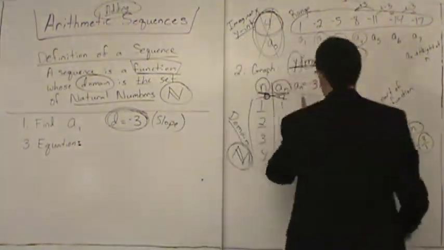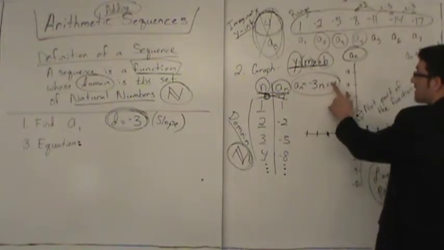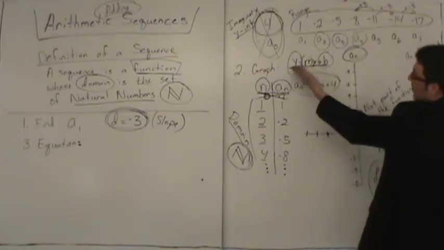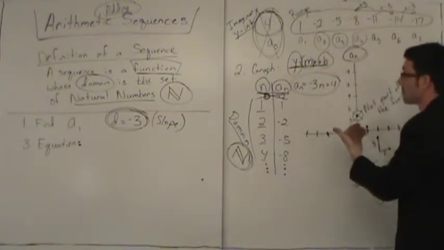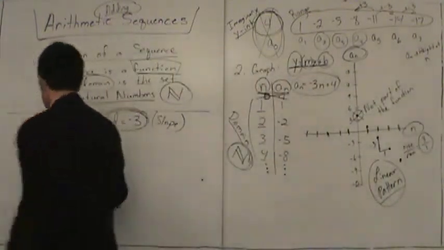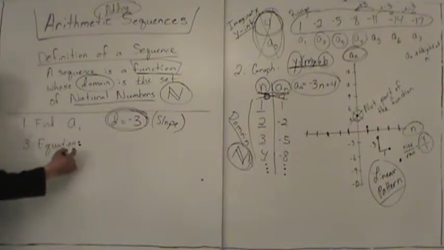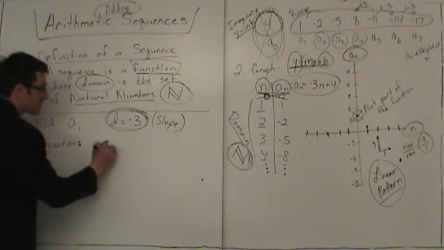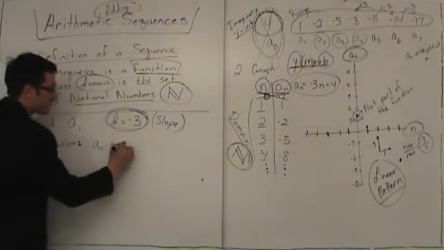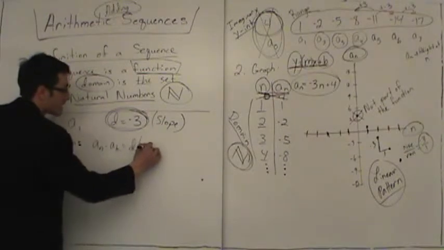And this is the equation of the sequence. The equation of the sequence is a sub n equals negative 3n plus 4, or we're looking at y equals mx plus b. Now, yesterday, in the last lesson, we used point slope form: a sub n minus a sub k equals d times quantity n minus k.